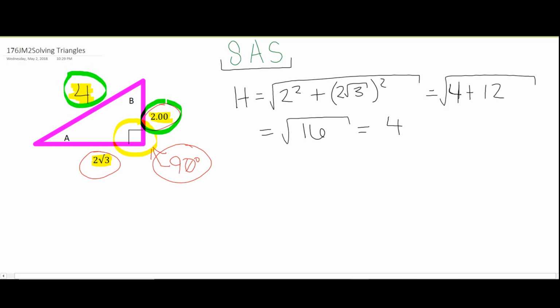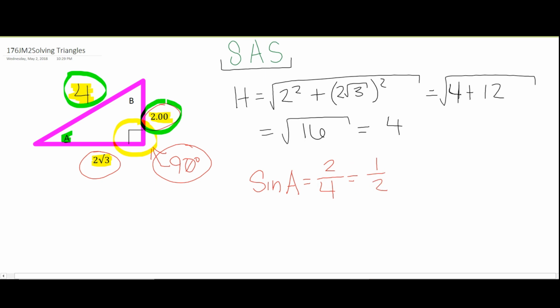So that's going to be, if I'm solving for angle A, the opposite over the hypotenuse. So sine. So let's do the sine of A equals the opposite over the hypotenuse, which is 2 over 4. 2 over 4 is also equal to 1/2. So let's just reduce that fraction right now.